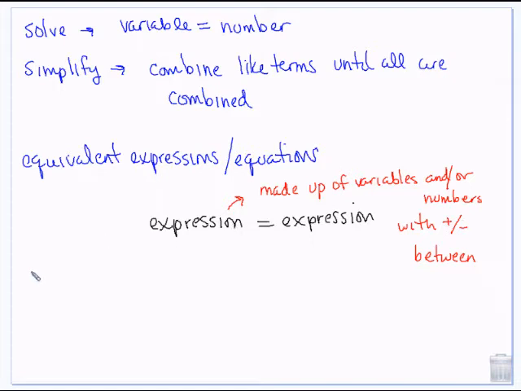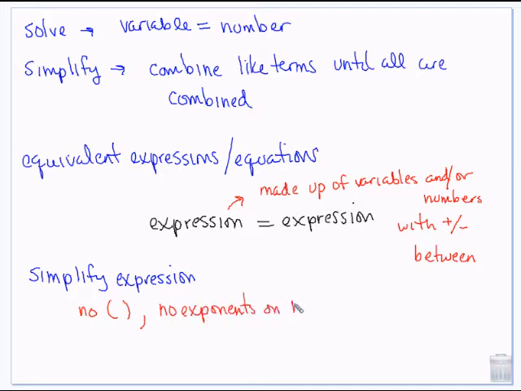Now, when we're simplifying an expression, to be completely simplified, you have no parentheses. Okay. No exponents on numbers. Okay, you can have an exponent on a variable, but you don't have exponents on a number. So if there was like a 3 squared in there, you would actually do 3 squared and make it 9.